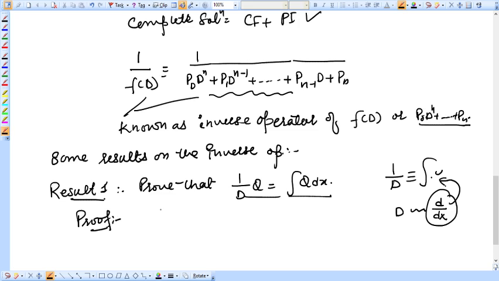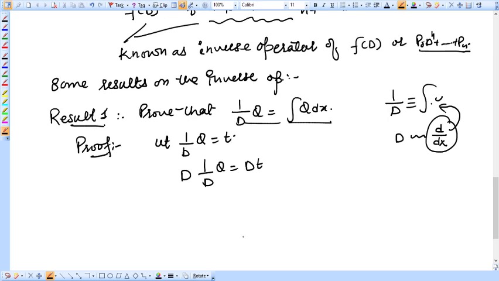Proof: see, let 1 upon D of Q be equal to t. Assume that this is equal to t. Now operating both sides with D, 1 upon D of Q is equal to t, so D of t. Now see, 1 by D is the inverse operator of D, therefore they would get cancelled and you get Q only here.